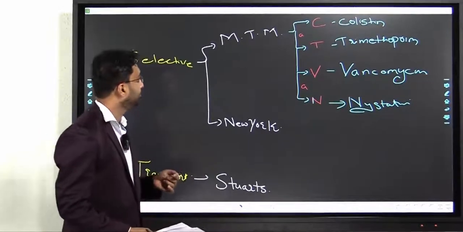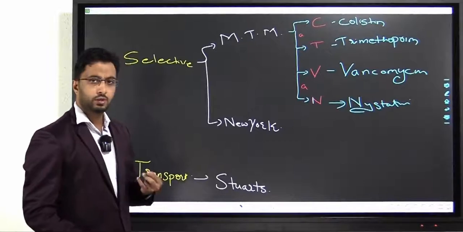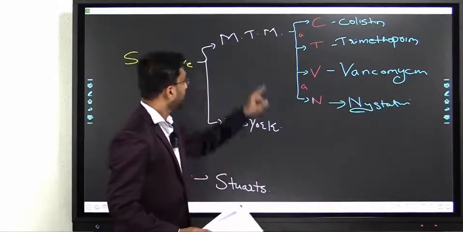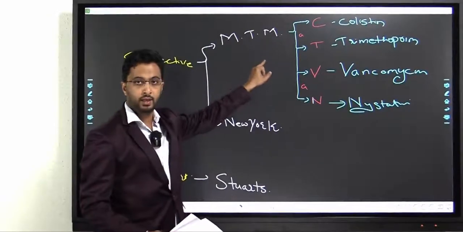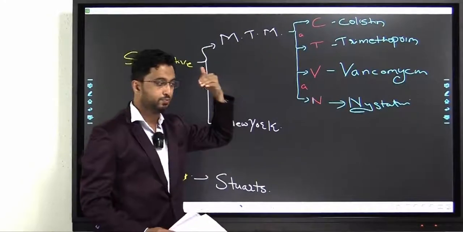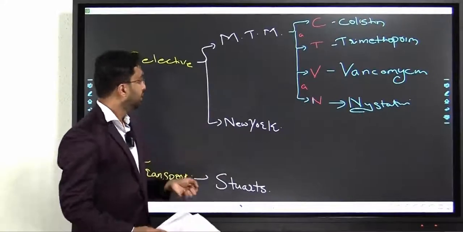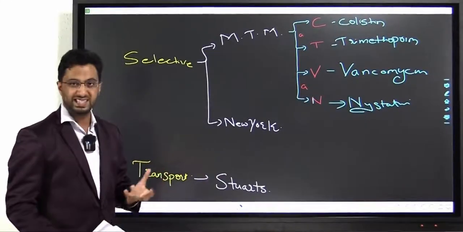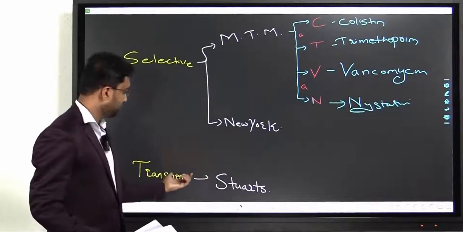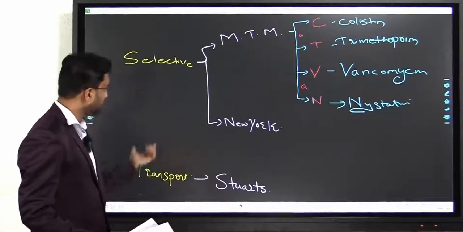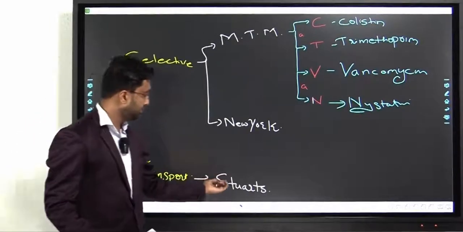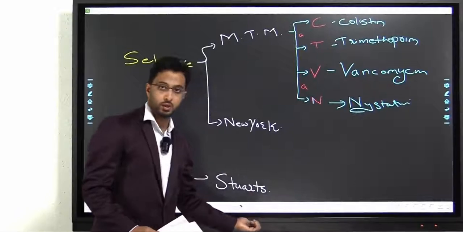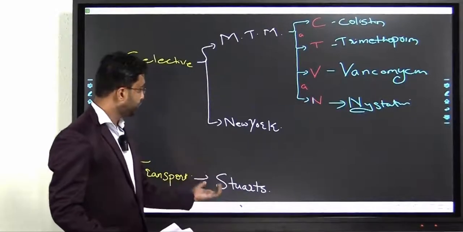Now, how to remember? Just know modified Thayer-Martin is a selective media. So remember that Taylor-Martin, just a Taylor, you know who is Taylor, from New York. Okay, so he's a Taylor. He transports his tailored products, again, memory palace, by a person called Stewart.